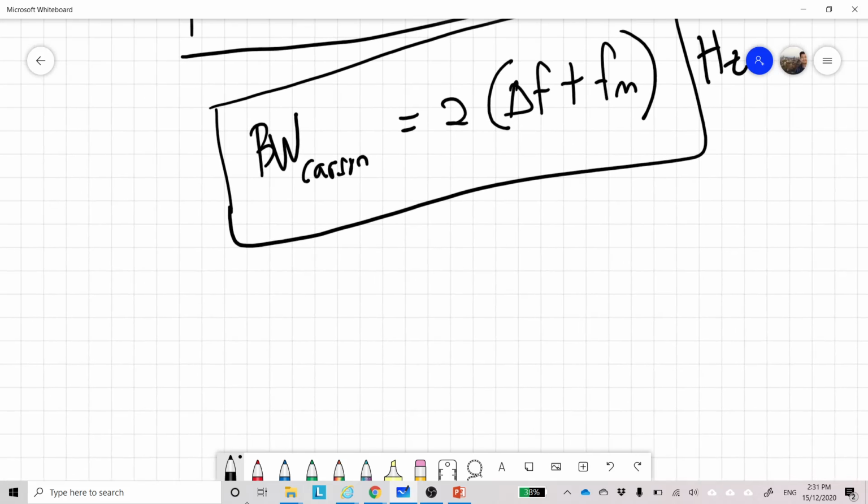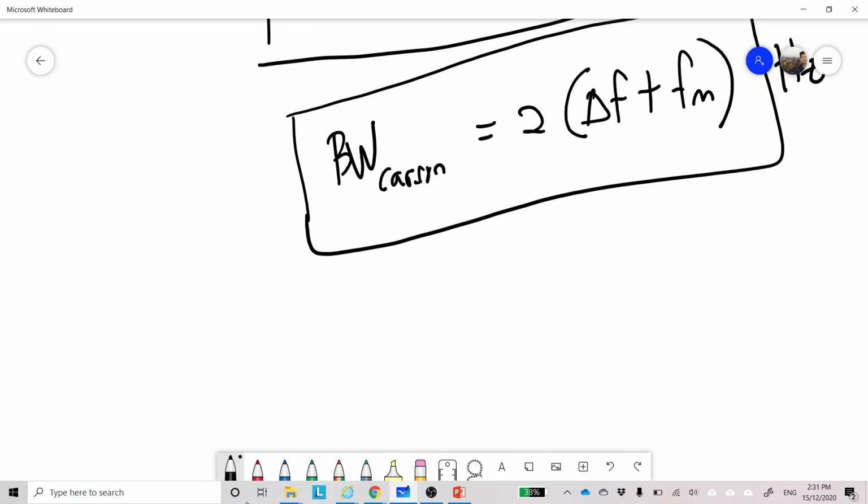And then kita juga telah melihat berkenaan dengan power of the angle modulated signal. Okay, so kita telah melihat total power.